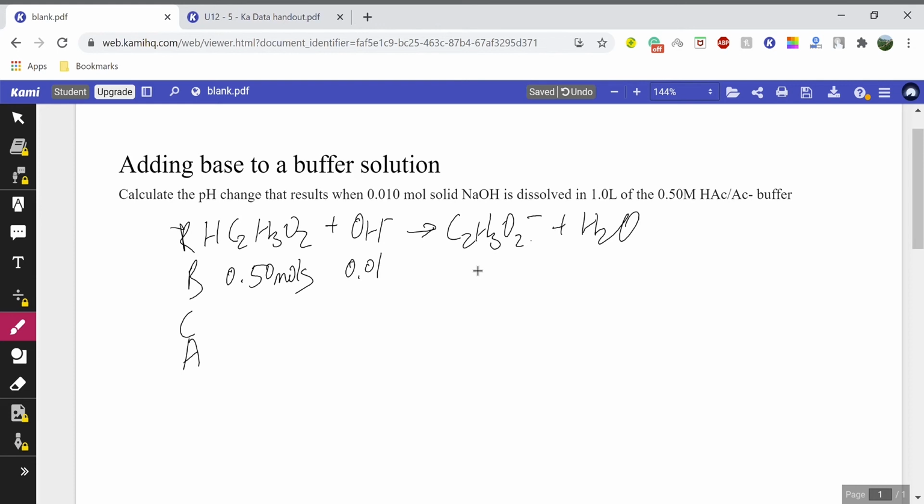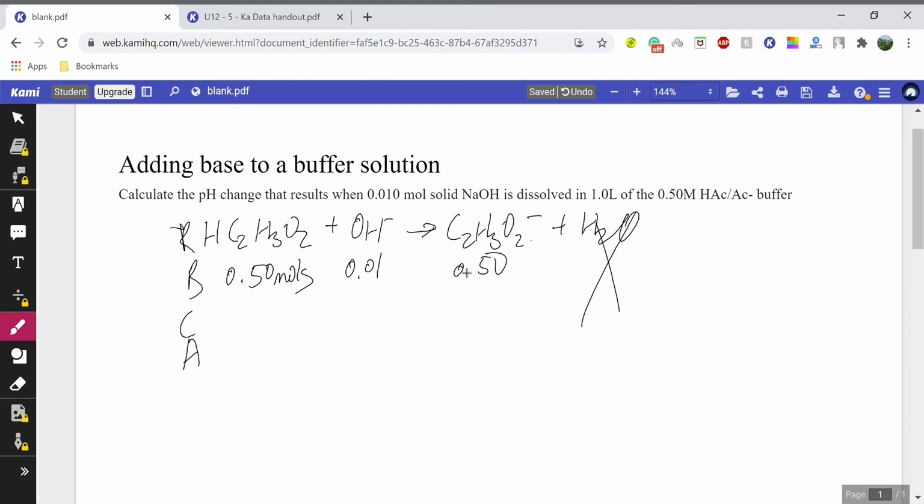And over here, we start with 0.50 since it's for the HAc and Ac minus buffer. So our concentration for C2H3O2 minus at initial will be the same as our acetic acid. Water, we will not care.